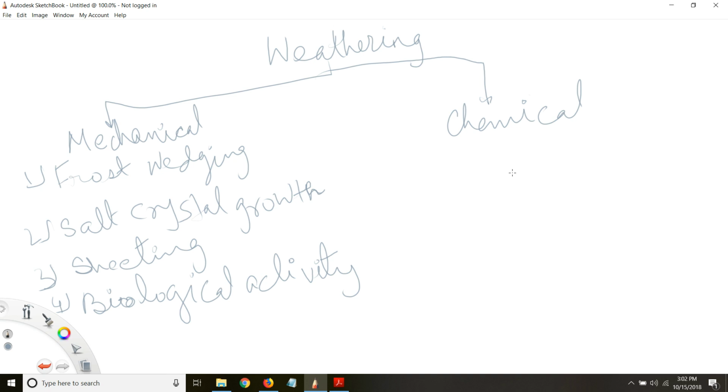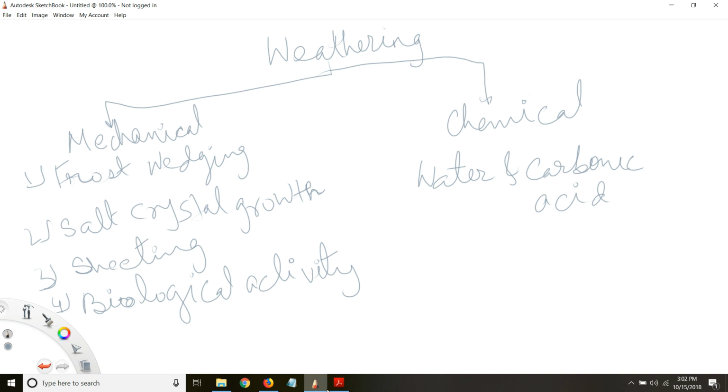And chemical weathering, I think, is just one type. It is due to the presence of chemical water and carbonic acid. We will go into more detail about these different types: frost wedging, salt crystal growth, sheeting, and biological activity under mechanical weathering.